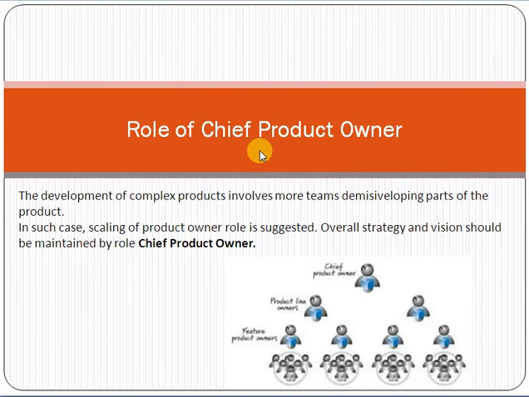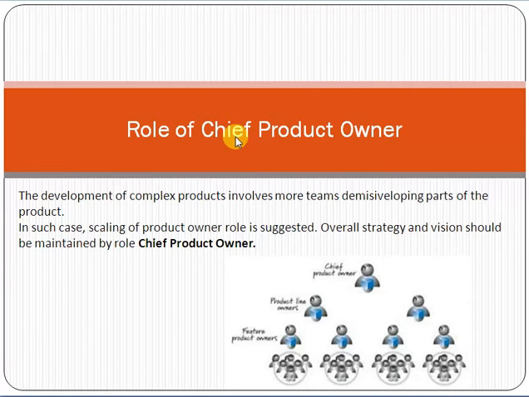Friend, just think of the chief product owner as the boss of the product owner, or one scale above the product owner. The product owner is the core role, and the chief product owner is the person who is the boss of the product owner.